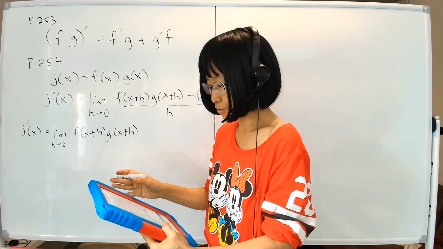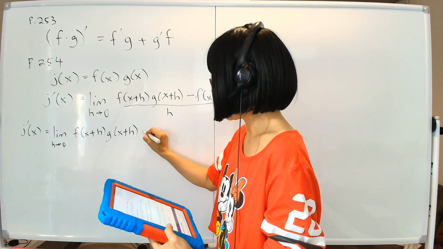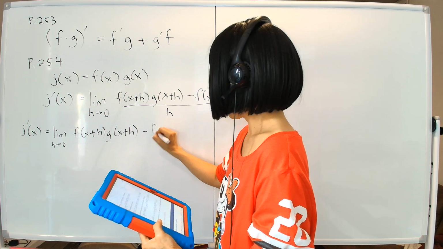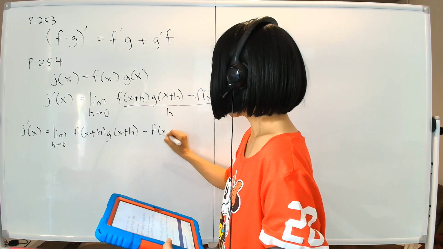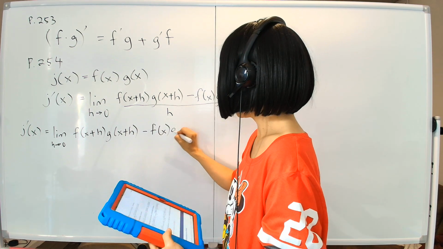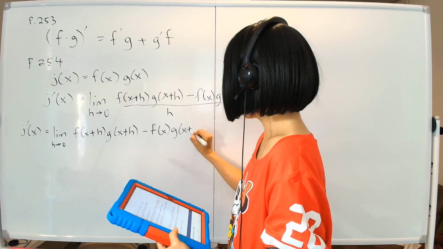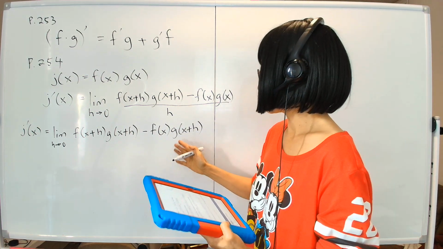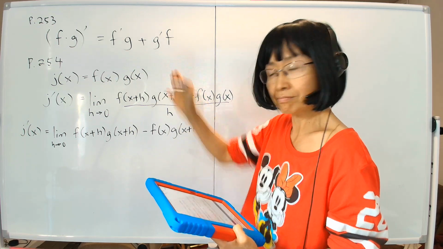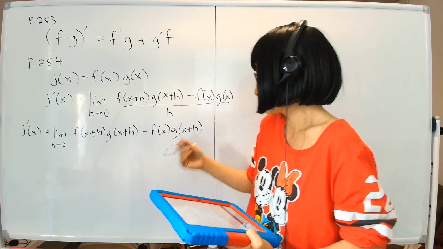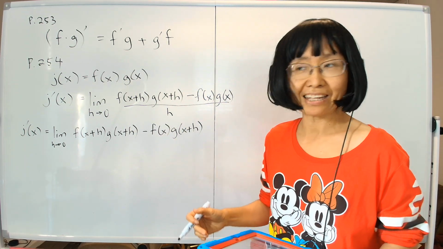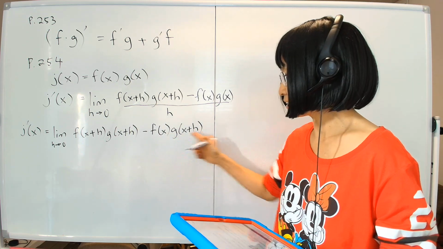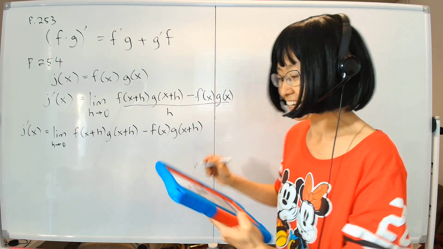We're going to pull this trick, which is we're going to subtract f of x times g of x plus h. And why are we subtracting that? Because that's going to help us get here. This is something that somebody stared at and tried different things, and this one turns out to work.